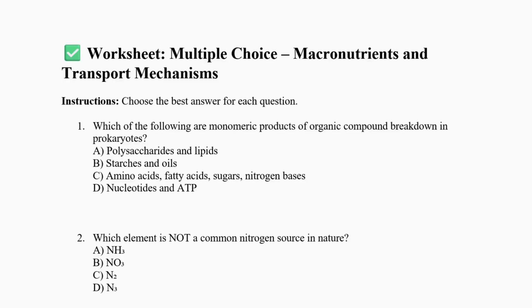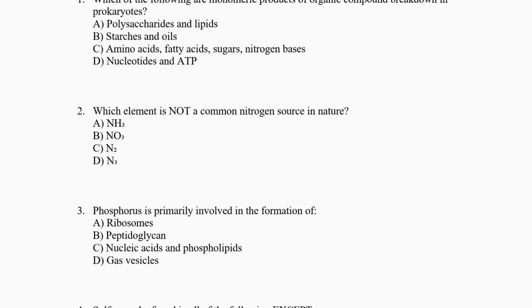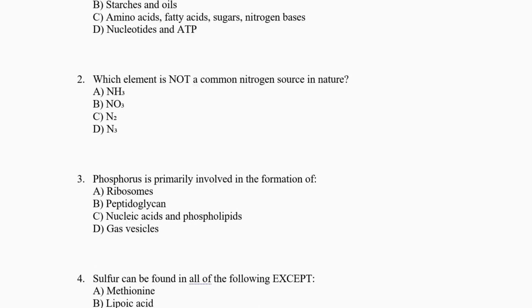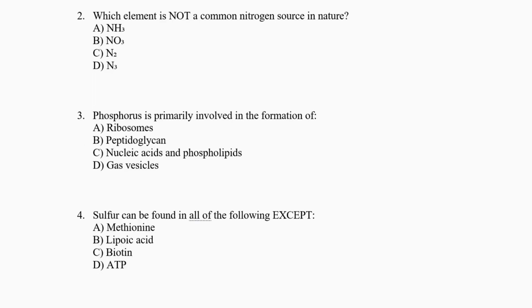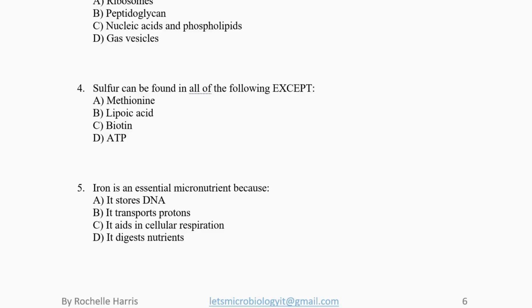Two, which element is not a common nitrogen source in nature? 3, phosphorus is primarily involved in the formation of. 4, sulfur can be found in all of the following except. 5, iron is an essential micronutrient because.